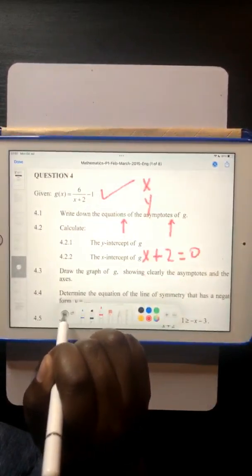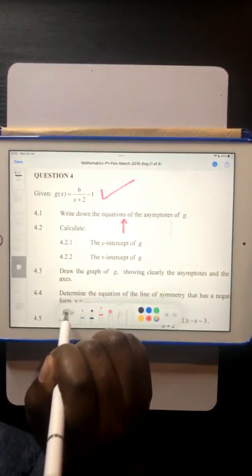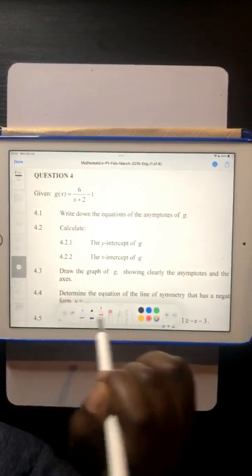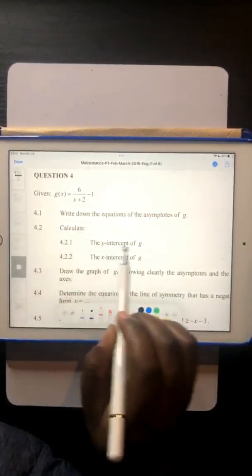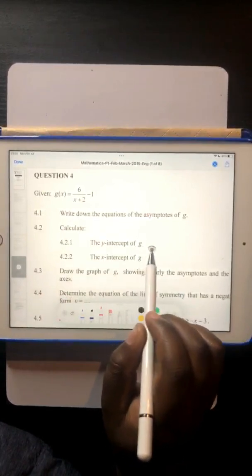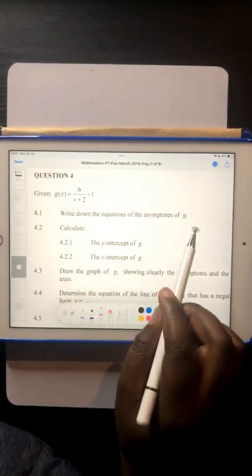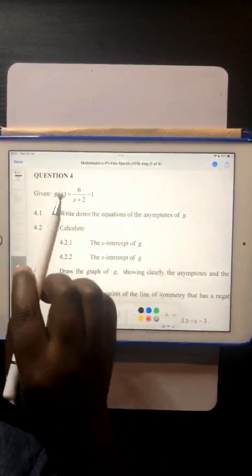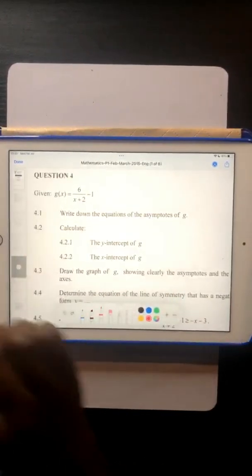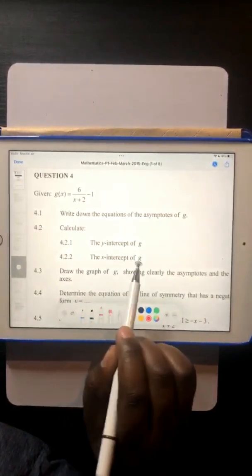So let me not really try to solve everything there, but just explain to you what happens. Now 4.2 says calculate the y-intercept of G. Obviously the y-intercept is where x is 0. Then you solve for y, and you do the same for x-intercepts.